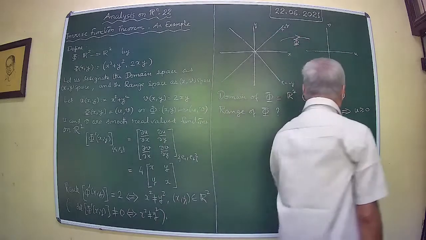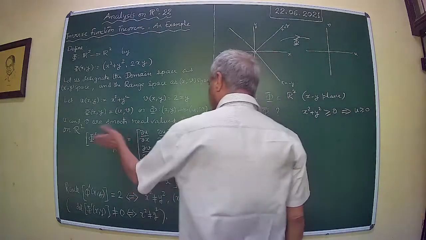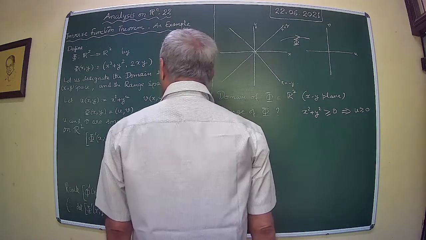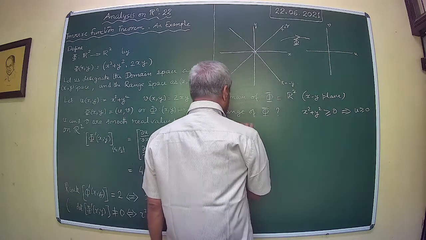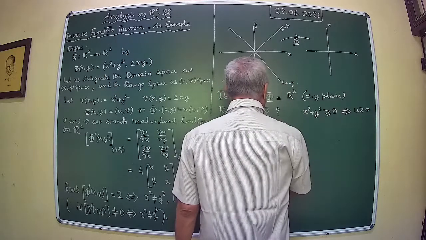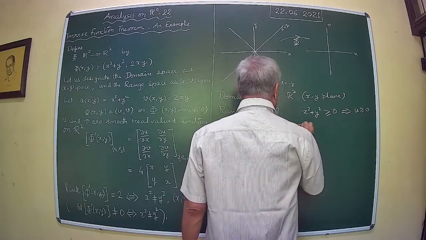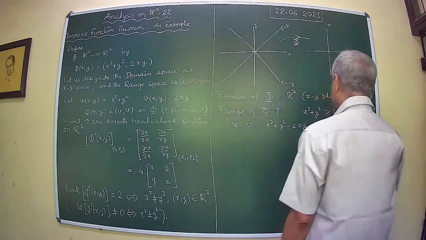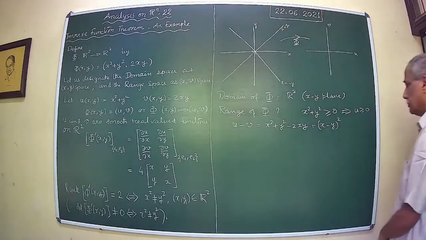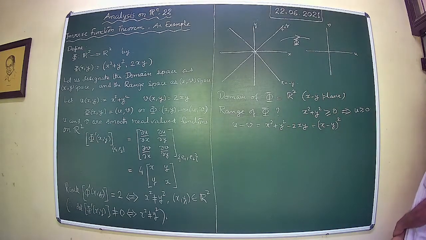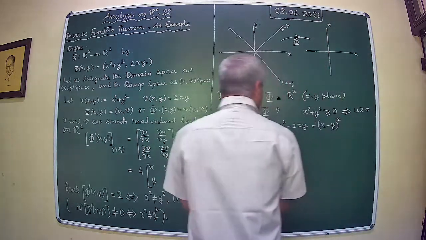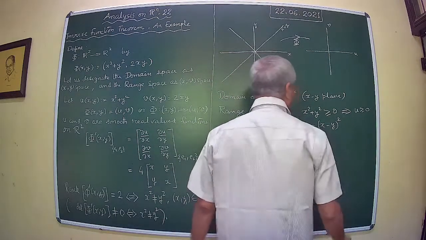Okay. Moreover, you see that you have u minus v equal to (x minus y) whole square. Therefore, you see that u minus v is positive.